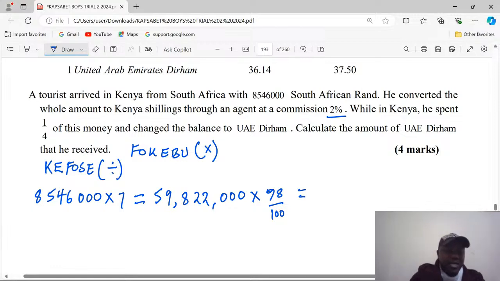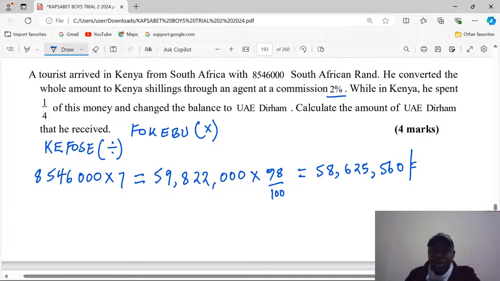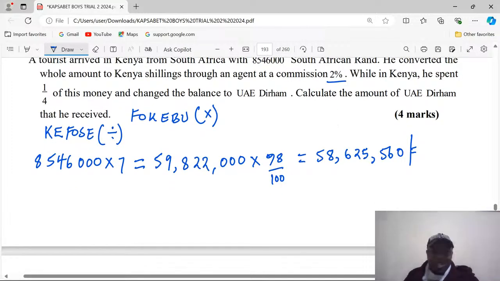So this gentleman ended up receiving 58,625,560 Kenya shillings. This is the amount in Kenya shillings.